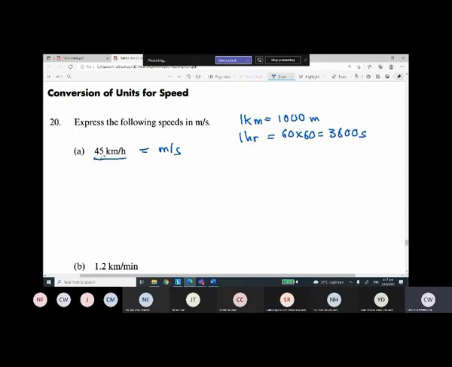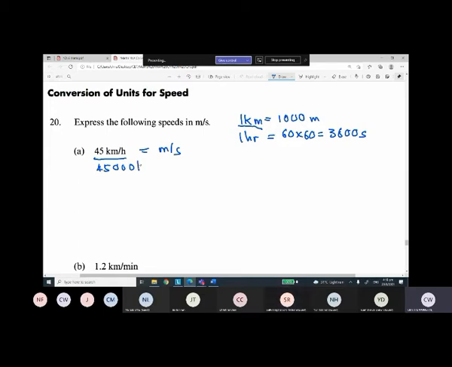Now you have this 45. 1 km is 1,000 meters, so 45 km will be 45 times 1,000, you get 45,000.